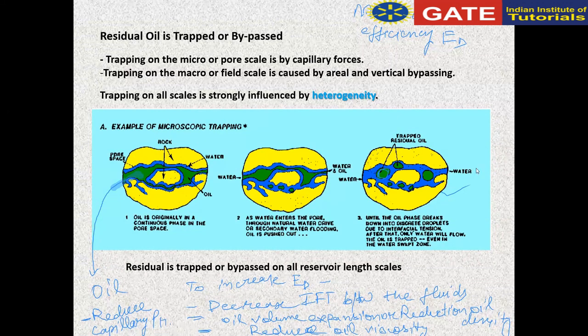So to increase microscopic displacement efficiency, we have to decrease interfacial tension between the fluids, decrease the oil density, reduce the oil viscosity and reduce the capillary pressure. So we can improve our microscopic displacement efficiency.